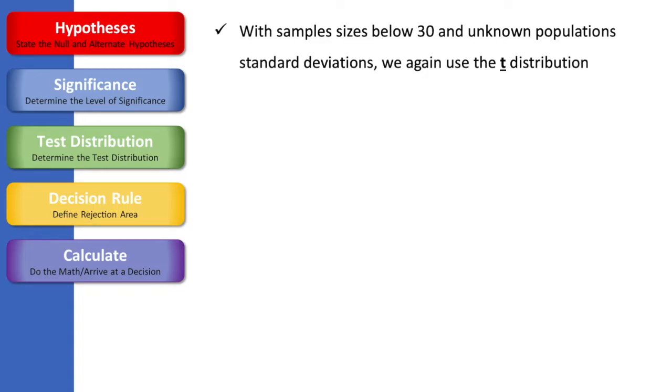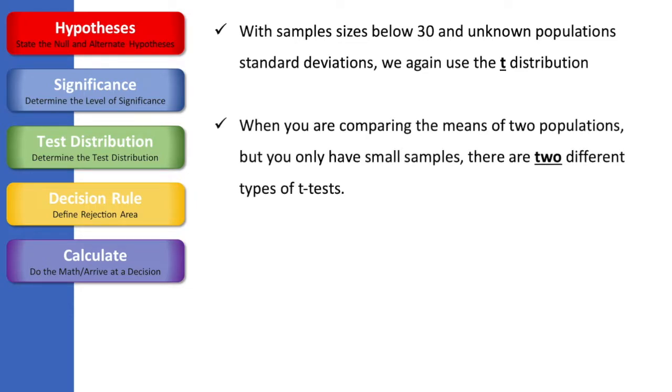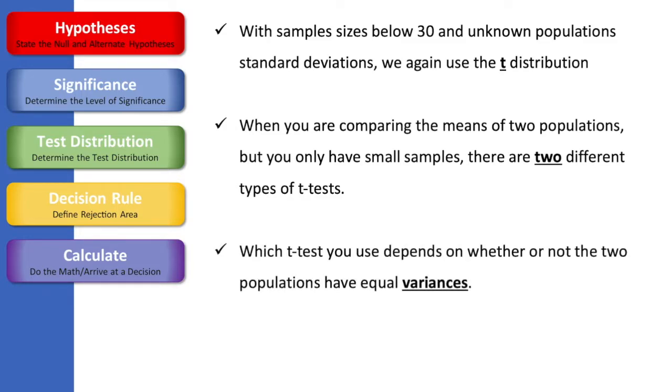With sample sizes below 30 and unknown population standard deviations, we again use the t-distribution. When you're comparing the means of two populations, but you only have small samples, there are actually two different types of t-tests. Which t-test you use depends on whether or not the two populations have equal variances.